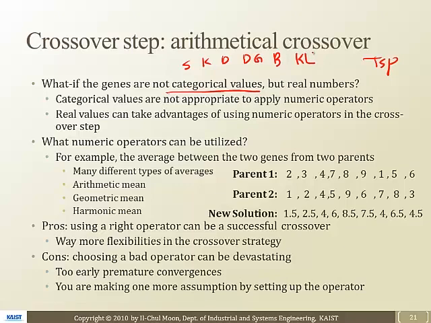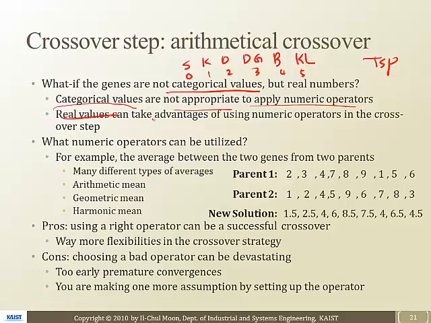These are all categories, and the numbers that we are seeing, just 0, 1, 2, 3, 4, 5, are categorical values, even though they are numbers. But what if we are dealing with real numbers, real floating values, double values? In that case, categorical values are not appropriate to apply this particular crossover scheme.